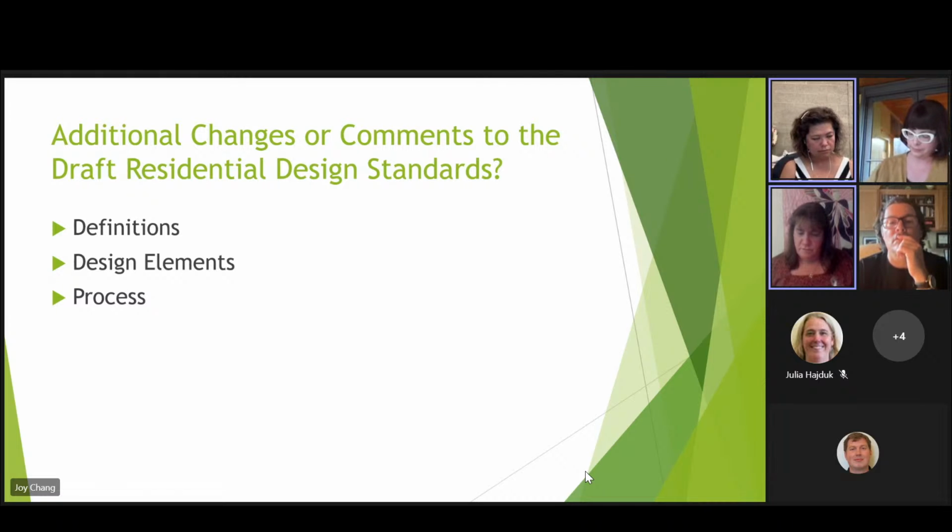1650 is more about cottage clusters. 1652 is now on page 70, accessory dwelling units.